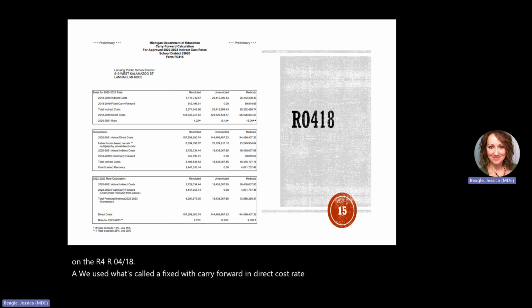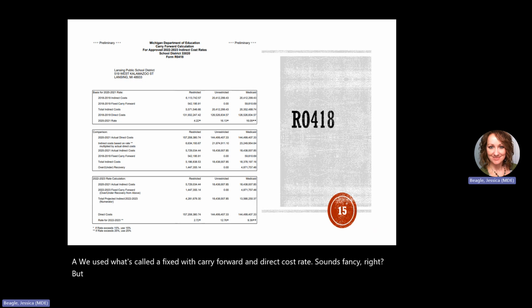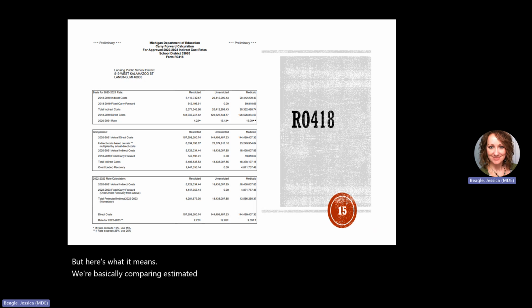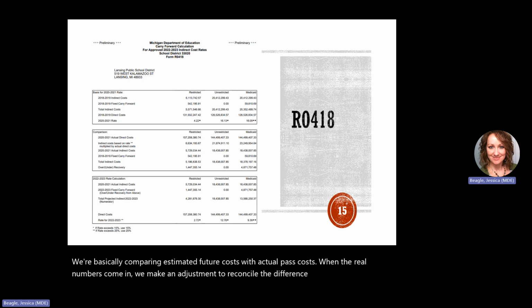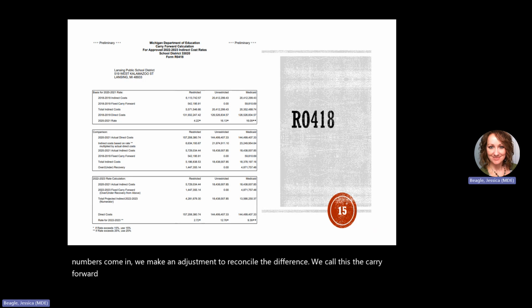Sounds fancy, right? But here's what it means. We're basically comparing estimated future costs with actual past costs. When the real numbers come in, we make an adjustment to reconcile the difference. We call this the carry forward adjustment. And it happens in the next period when we have your actual costs.